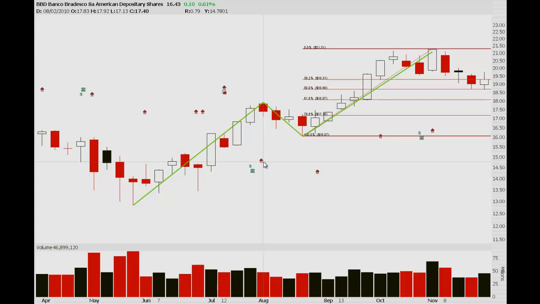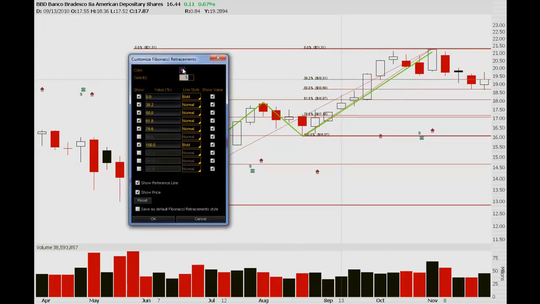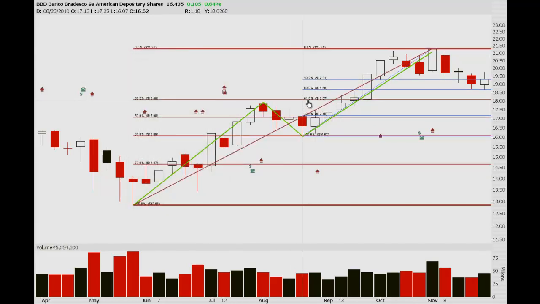But what you can do to help yourself out is draw another grid from the prior swing low to the recent swing high. I'm going to change the color of this grid just so we can tell these apart. You can see that the 618 we just talked about from the most recent move coincides almost exactly with the 382 of the large move.